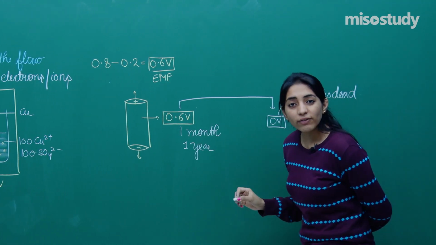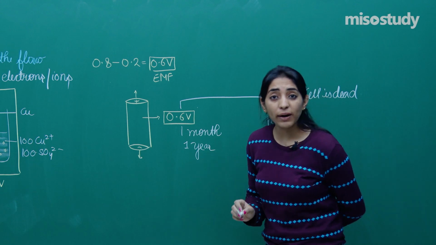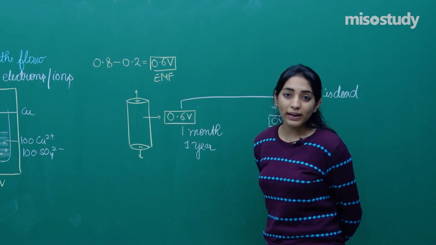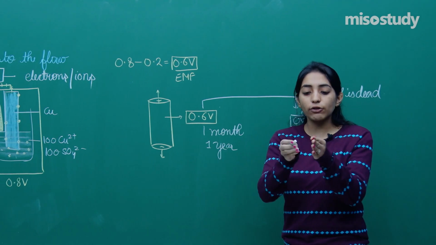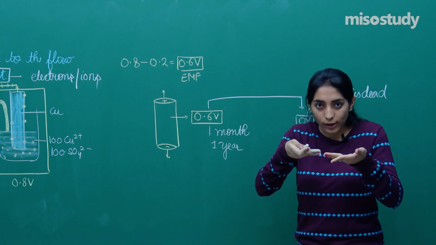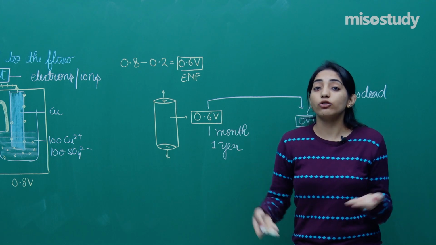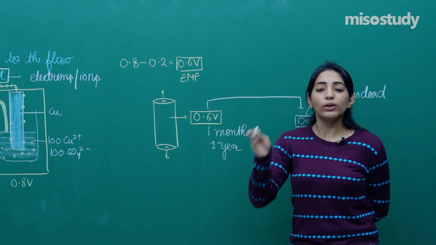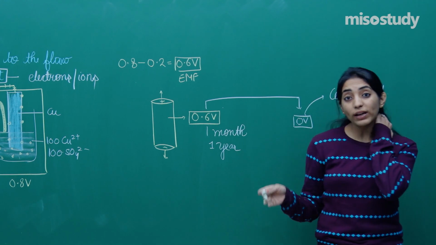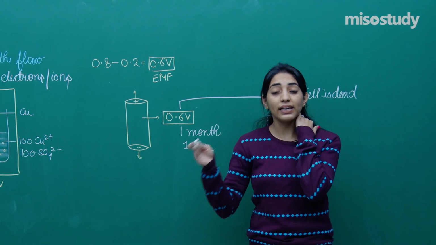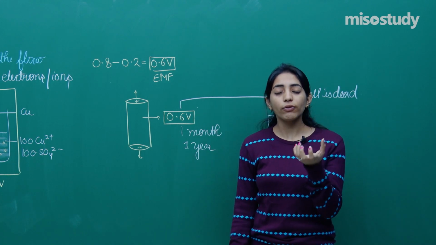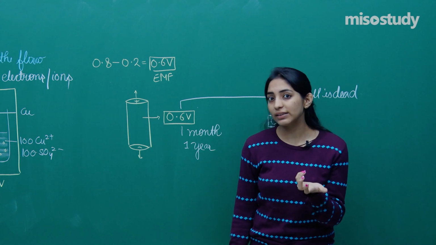So we always say that when you are measuring the EMF, or the electromotive force of the cell, you always have to measure it when the two electrode terminals are not connected to each other, when the current is not withdrawn from the cell. Once the current starts moving in the cell, the electrons migrating from one position to another will face some resistance.